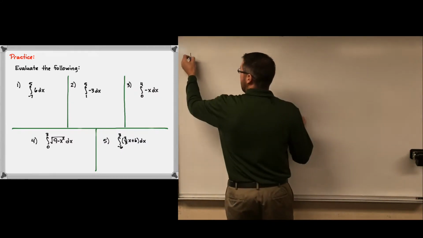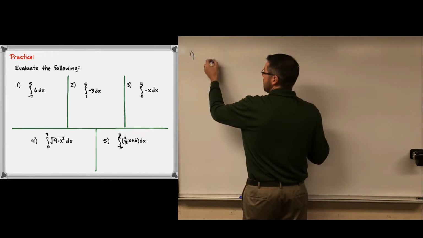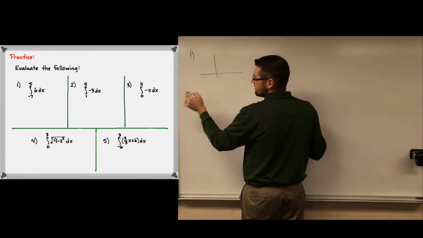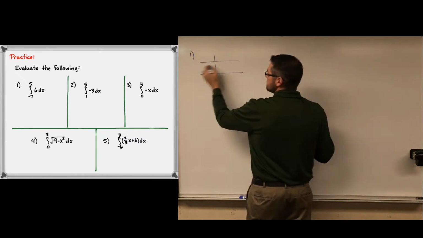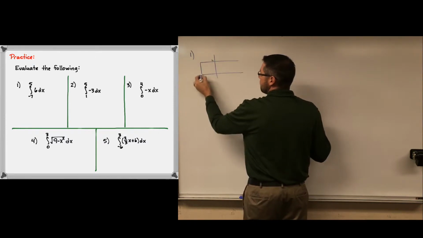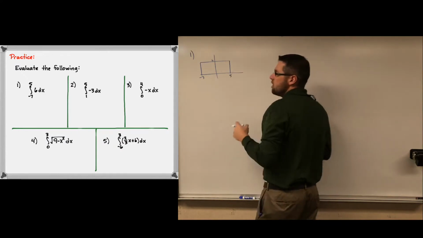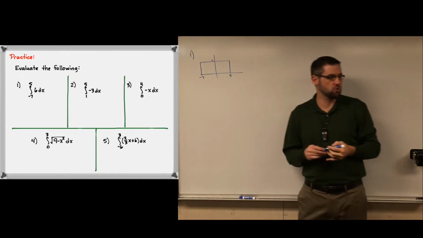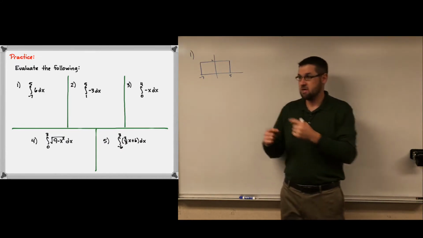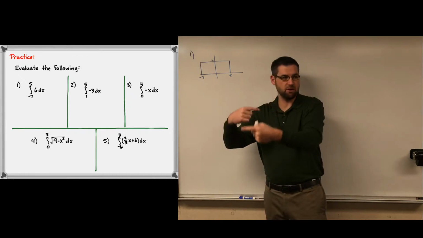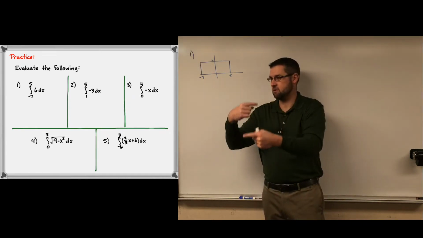All right. Number one, if you need to look at it graphically, we're going from -7 to 5, and it's a constant, so it's 6 up here. Okay. Notice how this is reading. We're going to get into the rules later, okay, because we could flip the limits of integration, and it means something different.